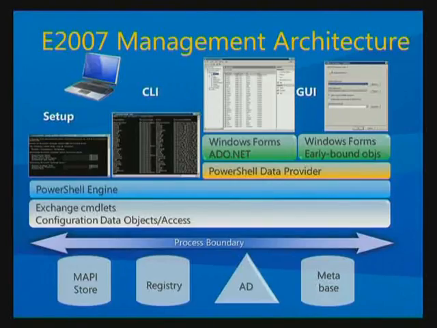The name might have a restriction; it can only be X characters long. There might be relational constraints; it has to be linked to some storage group as a child object, things like that. The Exchange commandlets embed all of that relational and constraint business logic, either at the commandlet level or in the configuration data object level.